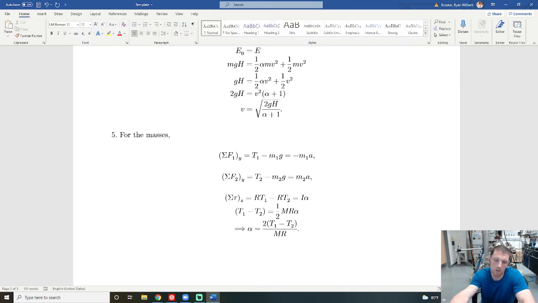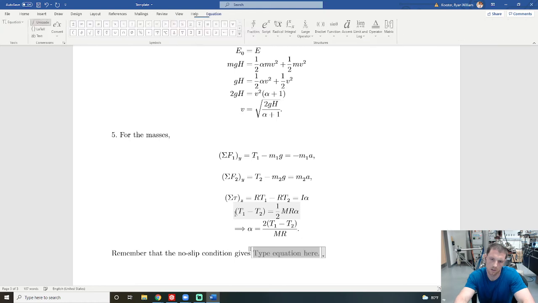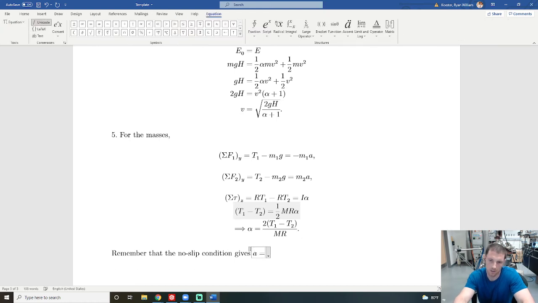Now remember that the no-slip condition gives the tangential linear acceleration as R times alpha, right?